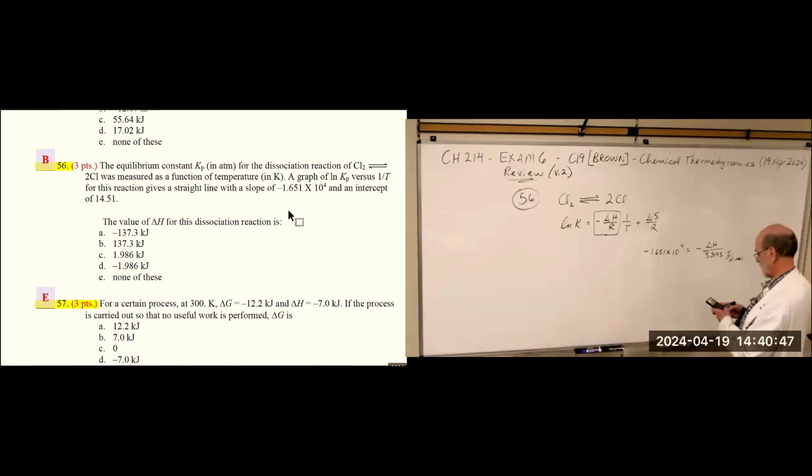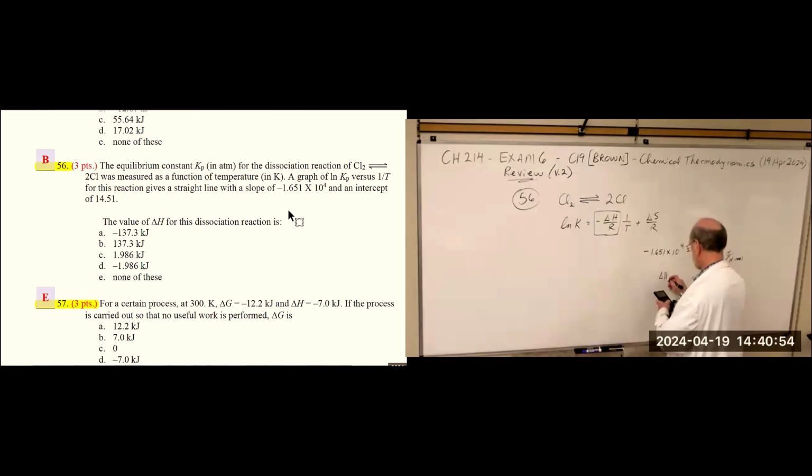1.651 multiplied by 8.3145. So I get delta H equals 1.373 times 10 to the 5th joules per mole.